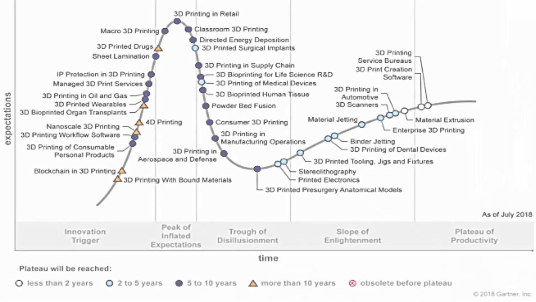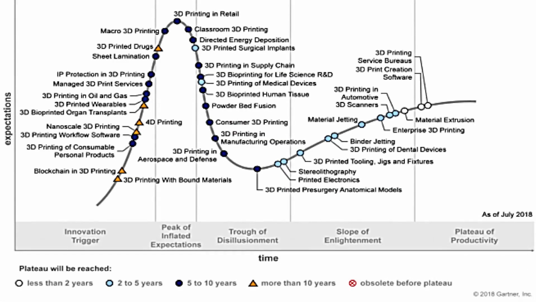It's not going to change the manufacturing industry by replacing certain things. So then people get disappointed until you hit rock bottom. And the media disappears at that stage. But the people who still work in the industry continue with their development, they continue with their research. So then you start getting the slope of enlightenment.